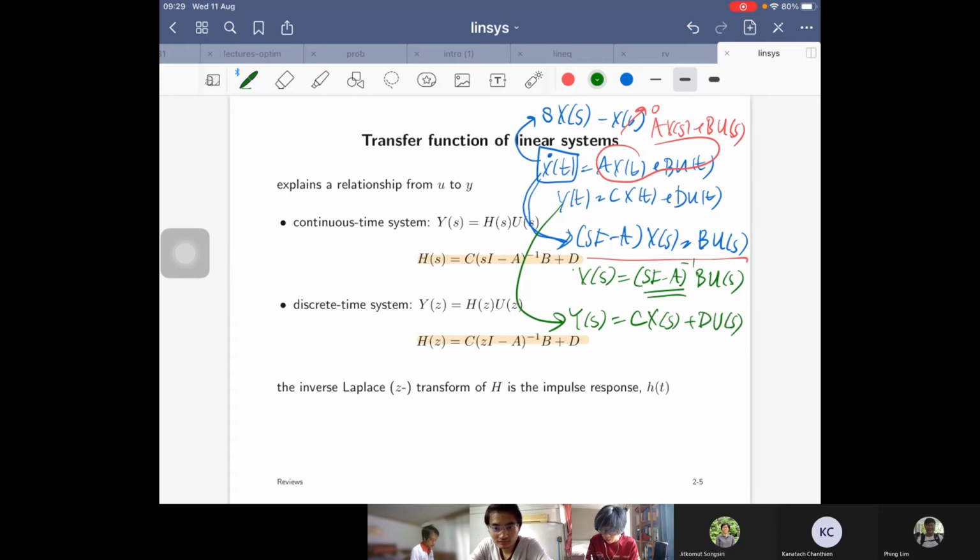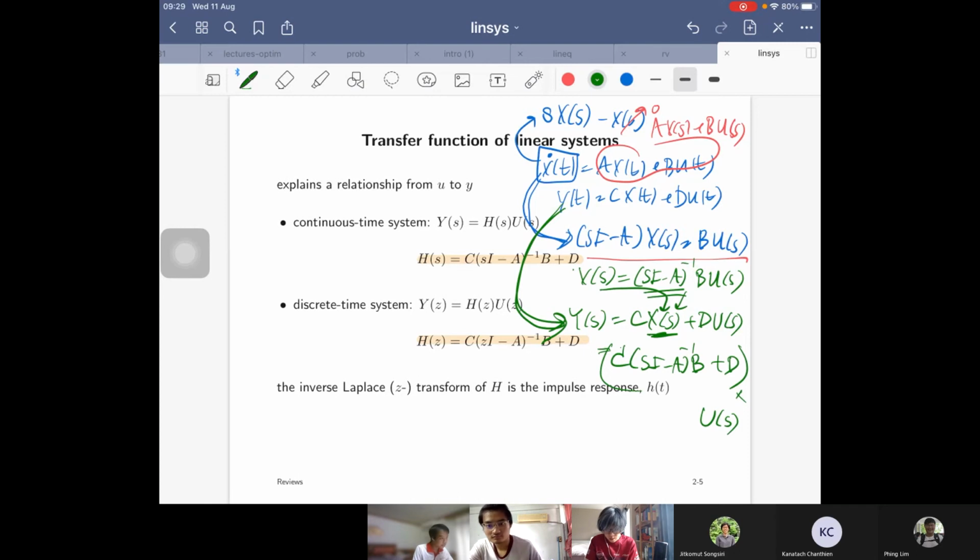I was just about to show how to get to this step by step. This is from the output equation first, and you just plug in X(s) from here. C (sI minus A) inverse B plus D times U(s).